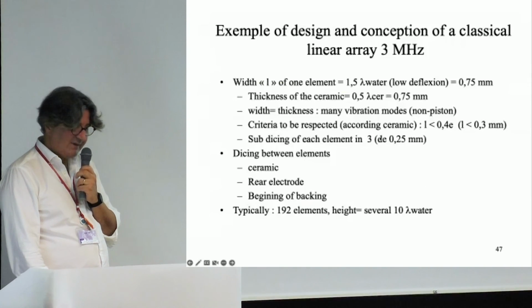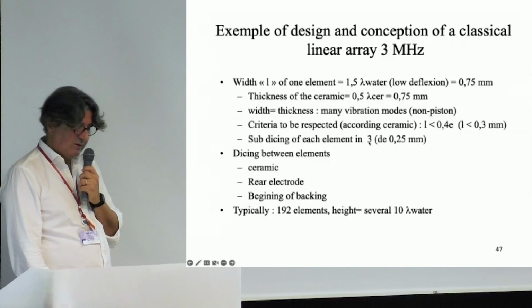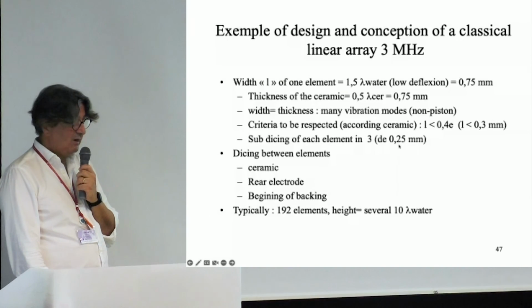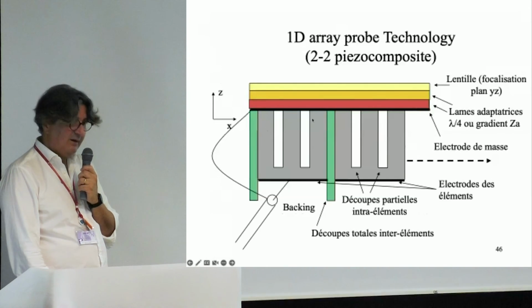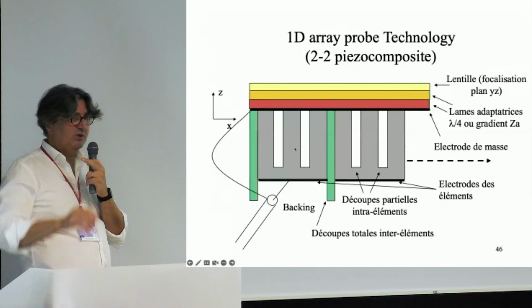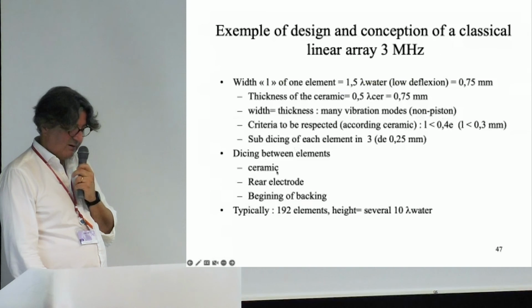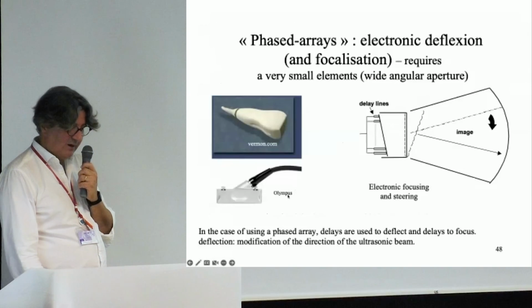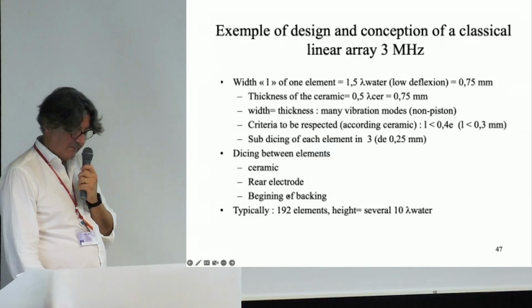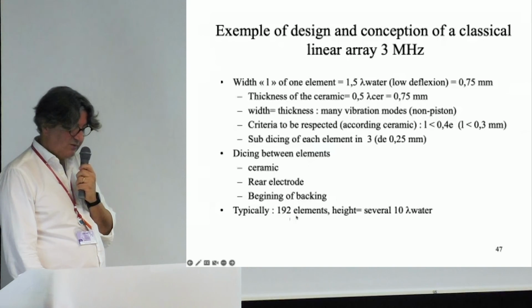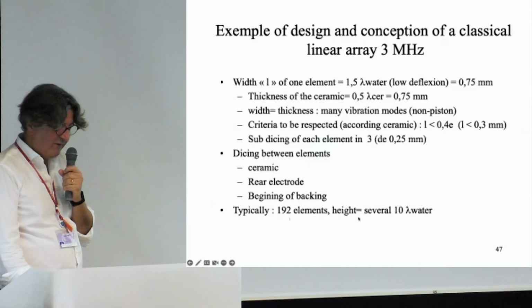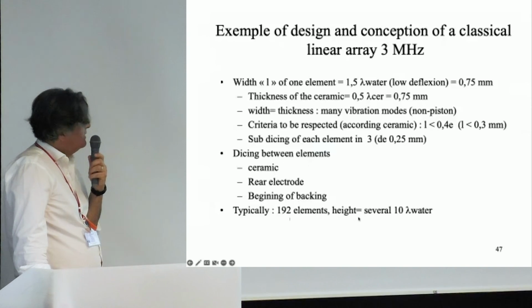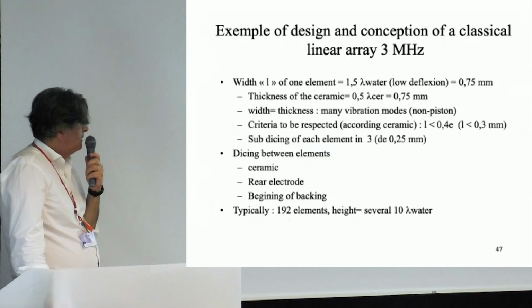And then you do a subdicing, typically between 2 to 3 into the element in order to get 3 elements. And this is why you have dicing here, to get 3 elements and to respect the separation of vibration modes. And then you have the ceramic, the rear electrode, and so on. And you will get 192 elements, and the height of the elements is 10 wavelengths, typically in water, so 7.5 millimeters.